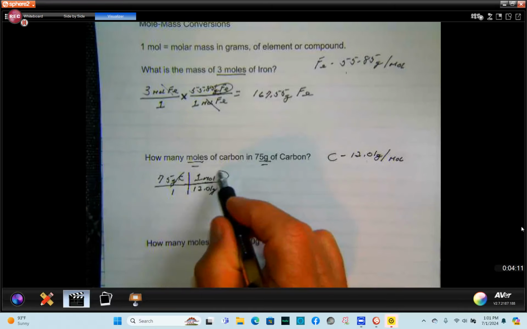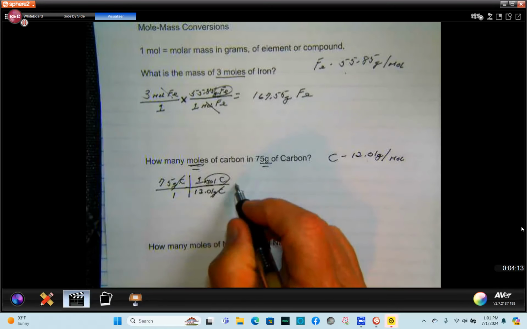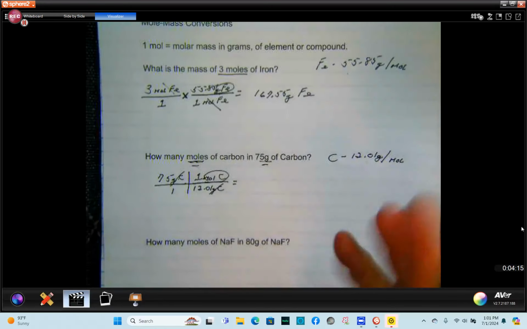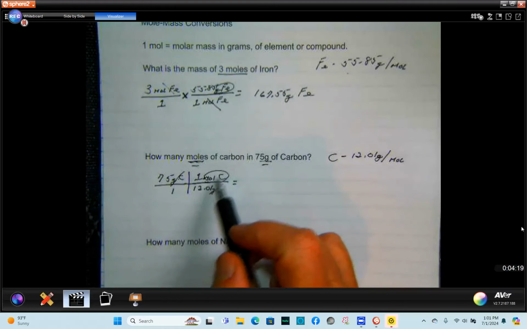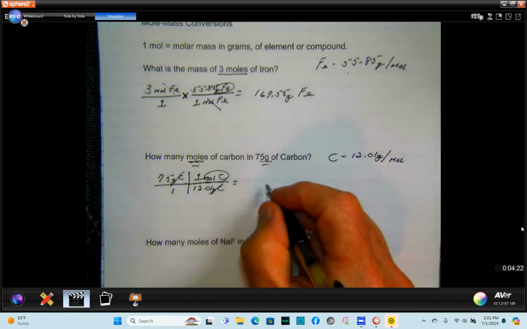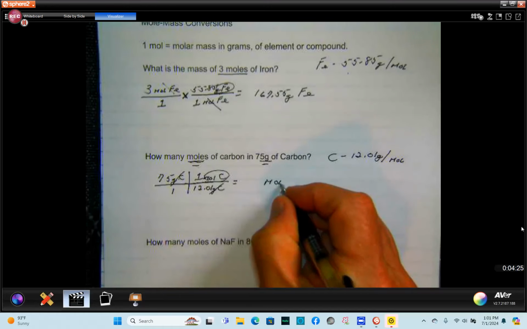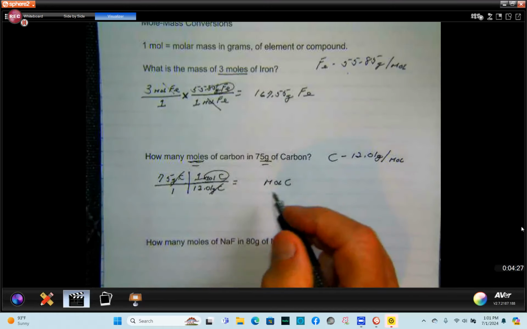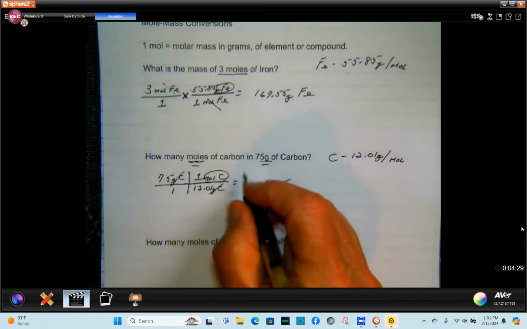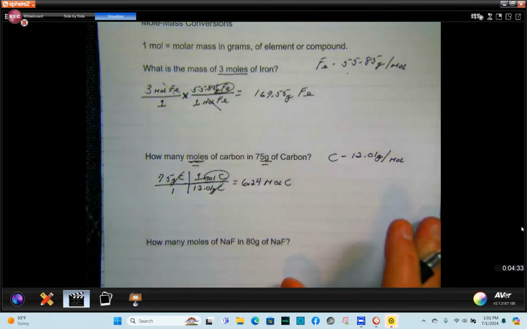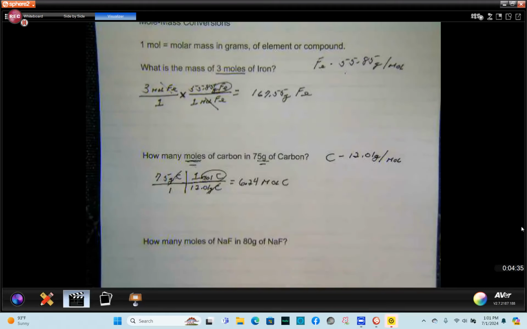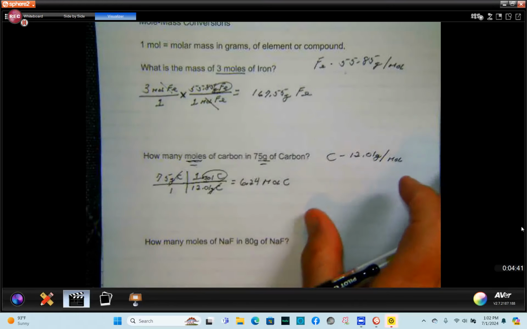Here's what we're left with. This is what we're looking for. So we know this setup is correct also. At this point, multiply the numerators, divide by the denominators, and we should come out with something in moles of carbon. Well, if we go ahead and do the math on this, we end up with 6.24 moles of carbon. So again, really 2 same types of problems. One we're solving for grams, and the other one we're solving for moles.